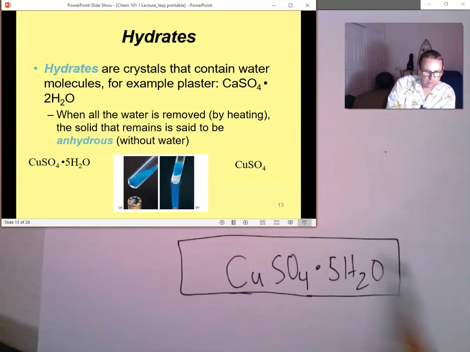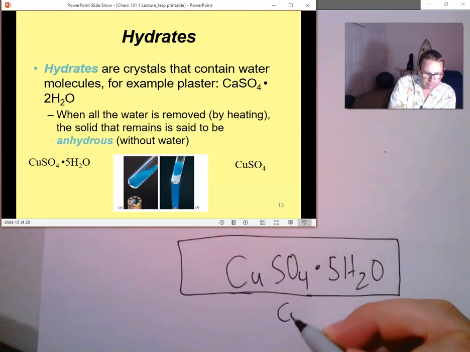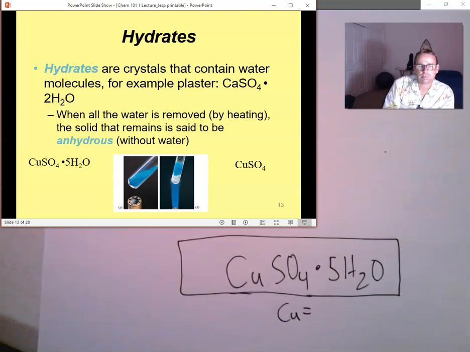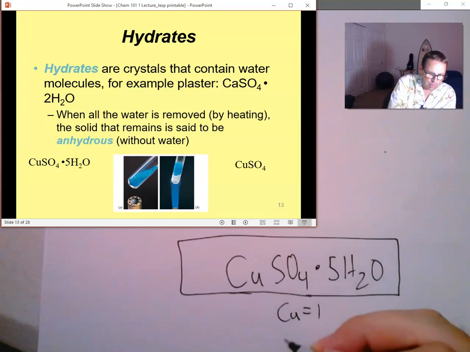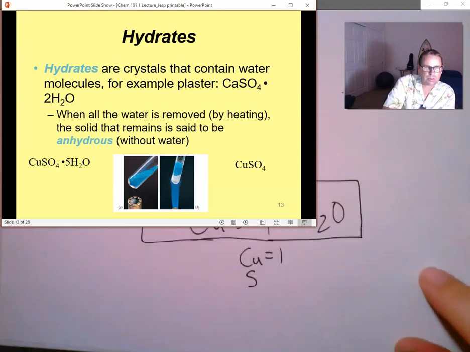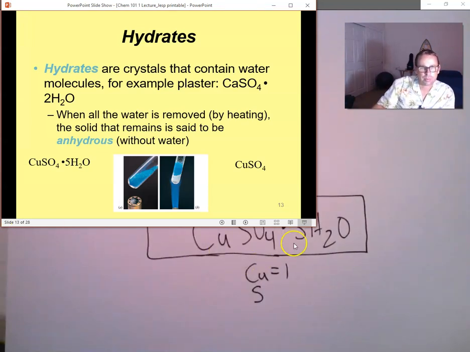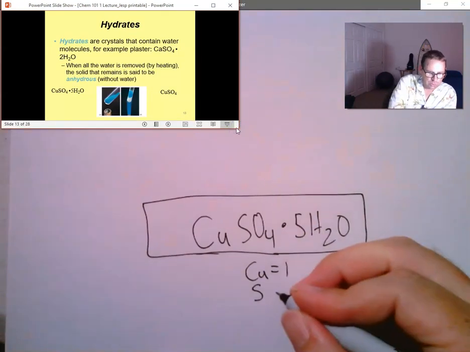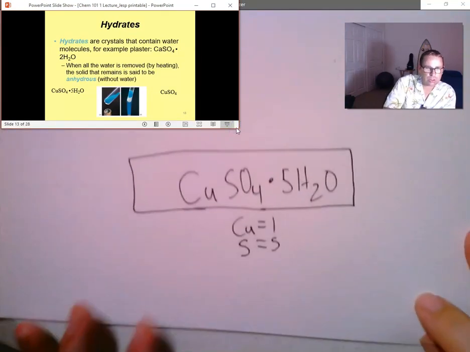And in this whole thing, how many coppers do I have? 1. Very good. How about sulfurs? 1. Very good. Now here's a tricky one.